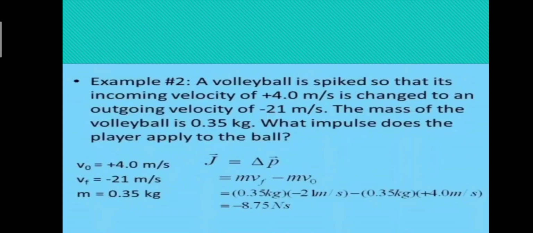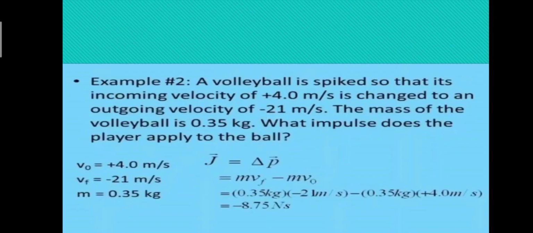Then example number 2. A volleyball is spiked so that its incoming velocity of positive 4 meter per second is changed to an outgoing velocity of negative 21 meter per second. The mass of the volleyball is 0.35 kilogram. What impulse does the player apply to the ball?